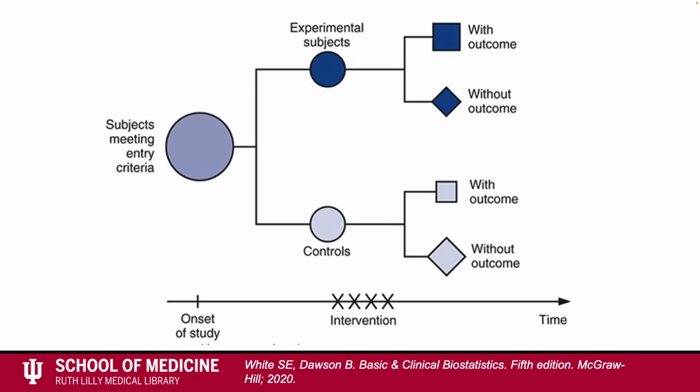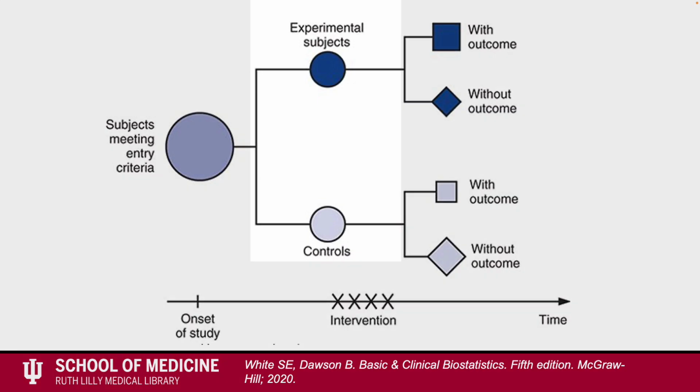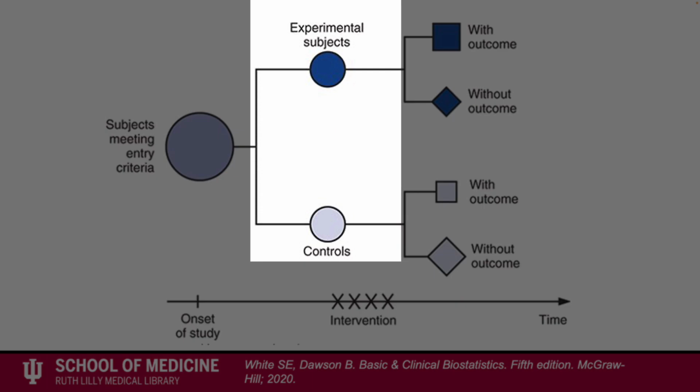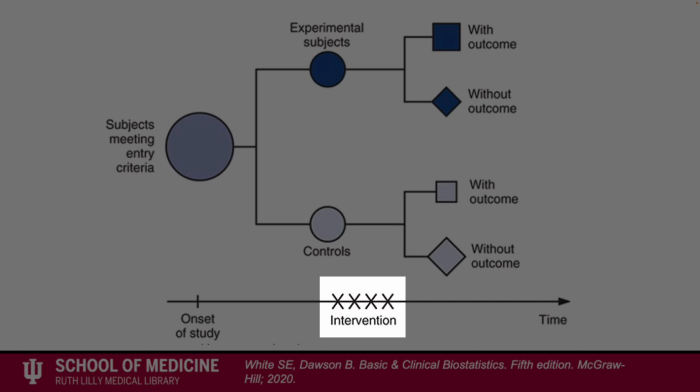So let's go through how a basic randomized control trial is run. You start with a sample of participants who meet specific inclusion and exclusion criteria. They are randomized into different groups, such as experimental or control. The intervention is then applied, whether this is maybe giving you a new medication or a new type of surgical procedure, or maybe it's a method for trying to reduce hospital readmissions.